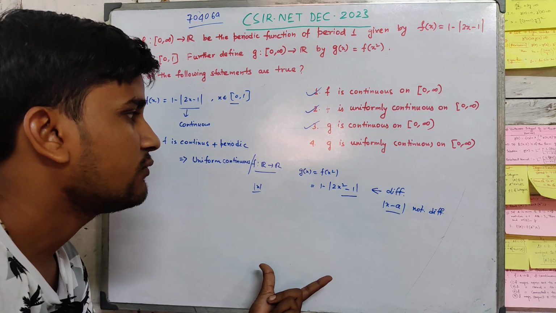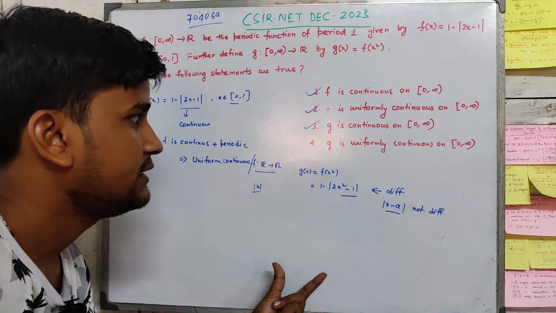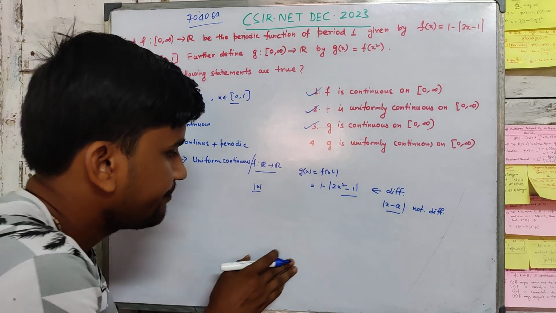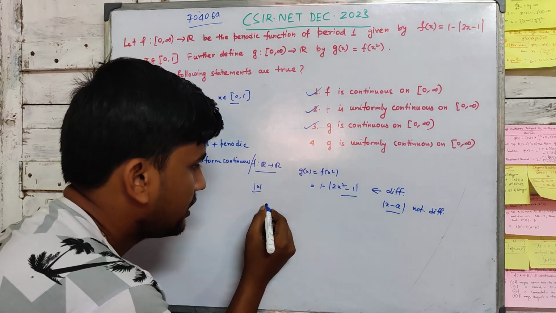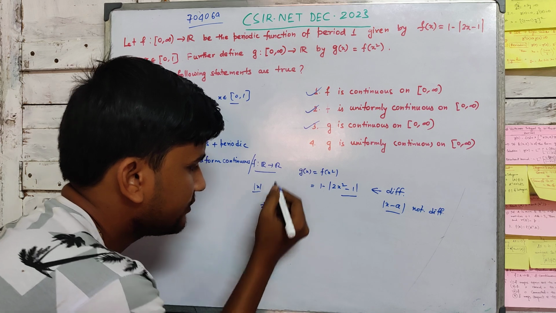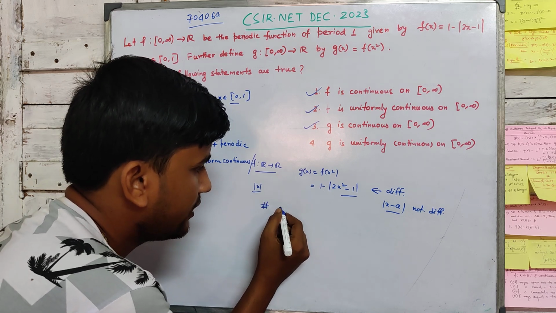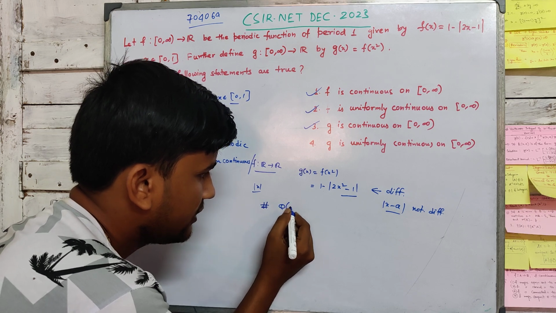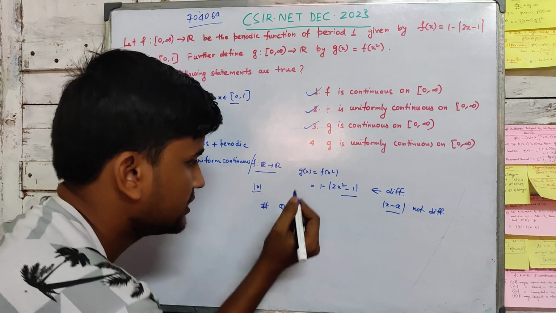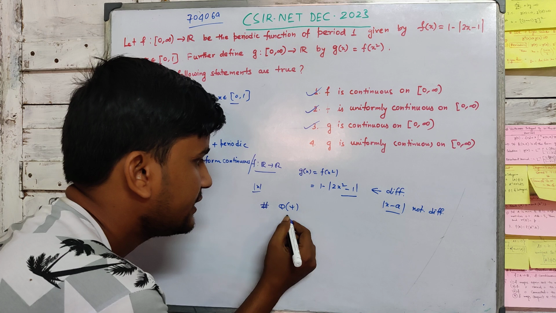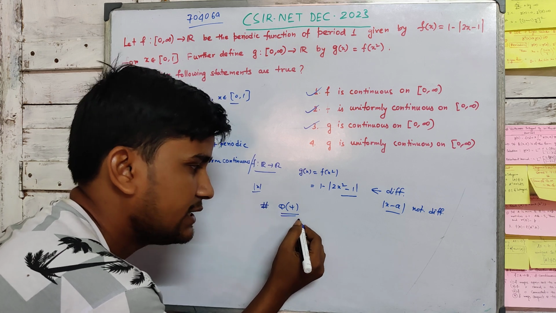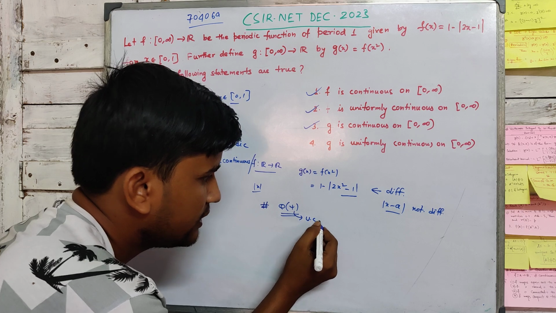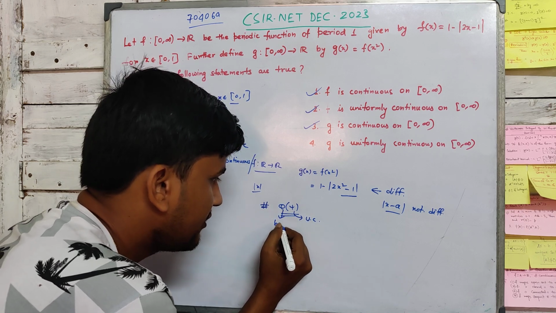Now the fourth option comes, which says that g is uniformly continuous or not. Now we can apply a concept: if there are two functions, a composition phi of psi, then this phi of psi is uniformly continuous if psi is uniformly continuous and phi is bounded.